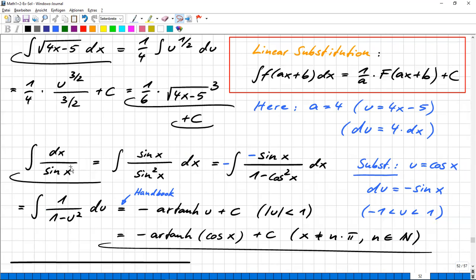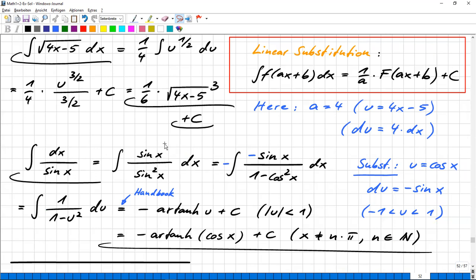The idea is to expand it by sine of x, above and below. And then I get sine of x in the numerator and sine squared of x in the denominator times dx. Sometimes the differential is put in the numerator if there's nothing else, so that should not confuse you.